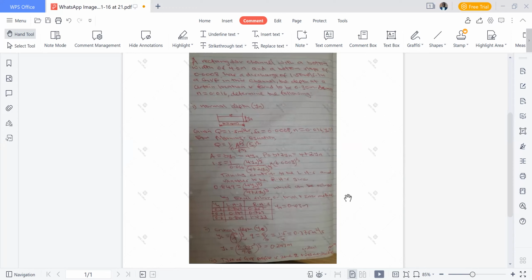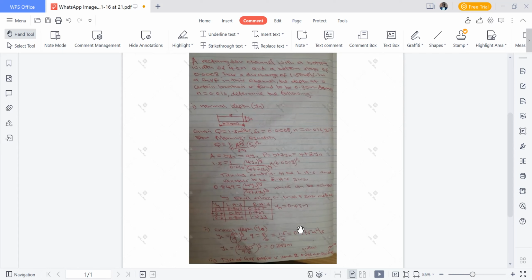Our question reads: a rectangular channel with a bottom width of 4 meters and a bottom slope of 0.008 has a discharge of 1.5 cubic meters per second in a gradually varied flow, which is GVF, in this channel.